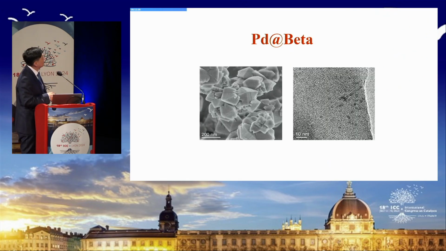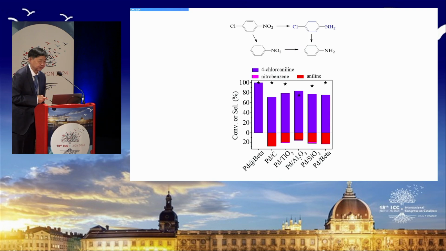This is our sample, palladium fixed within beta zeolite. On the surface, you cannot find any nanoparticle, but inside, cut by a diamond knife, you can find the palladium nanoparticles. Here shows the catalytic performance.